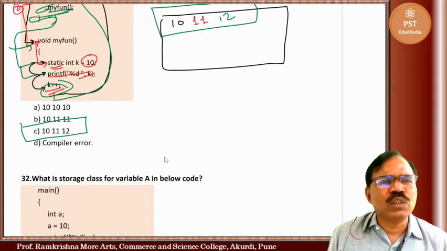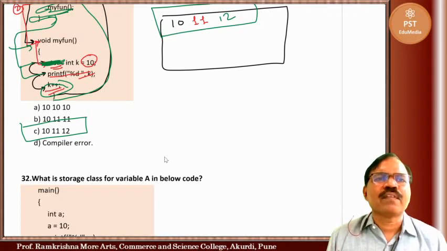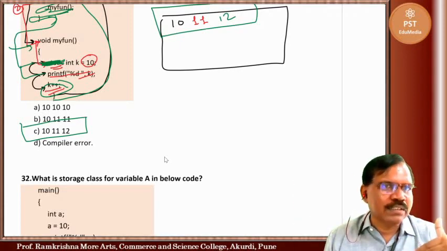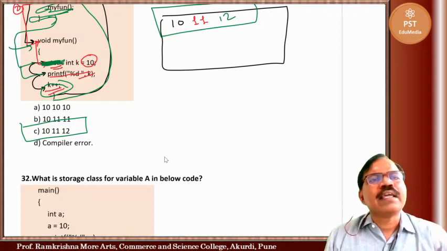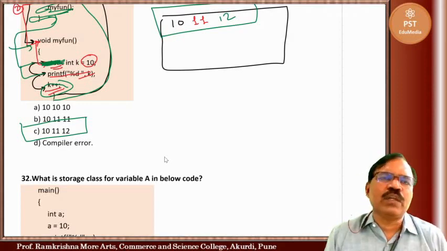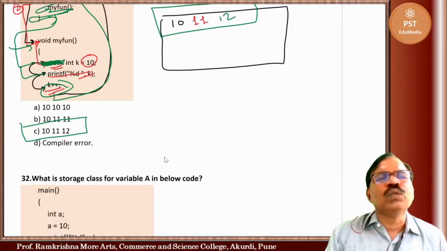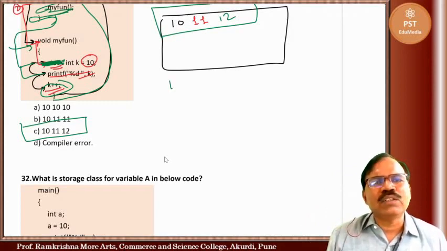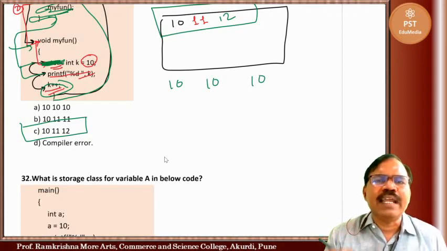So if there is no static, then what will happen? Every time it enters in the function, my function, k will again initialize. So every time k will initialize to 10. So when function is called 3 times, it will be initialized 3 times and it will print 10, 10, 10.